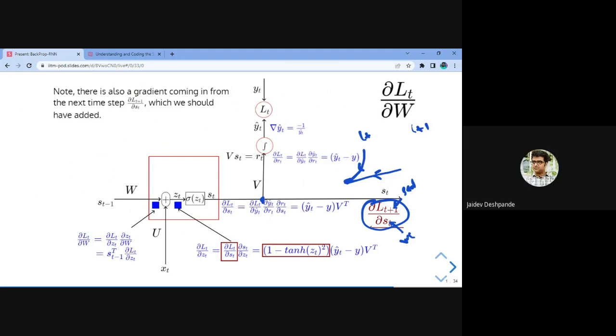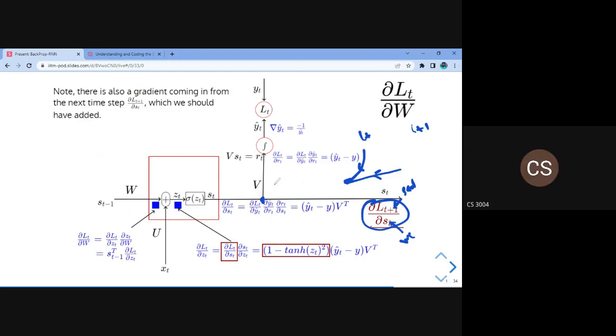We have that expression at the bottom left, dou LT by dou W. There is no subscript t plus 1 term there, correct? Yes. Which means this gradient is dependent only on the current time step. Now, if we have to add something, does it mean that particular expression is incomplete?